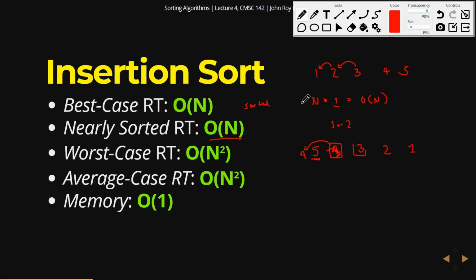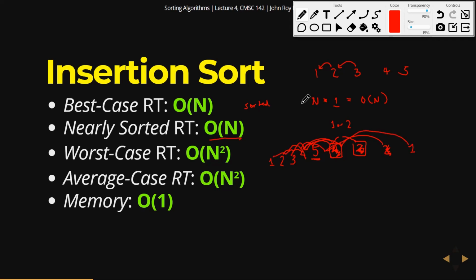And then for 3, we'll have to insert it all the way here, so that becomes 3, 4, 5. Then for 2, we'll have to insert it all the way up to here. And then for 1, we'll have to insert it all the way up to the front.